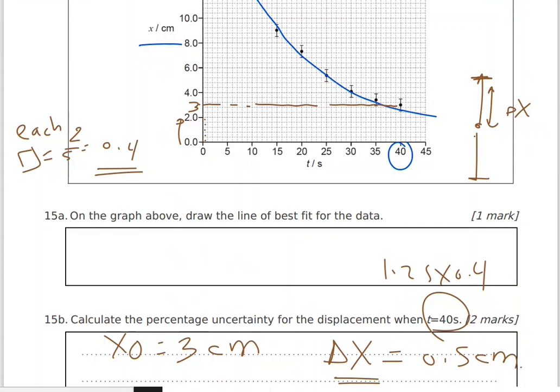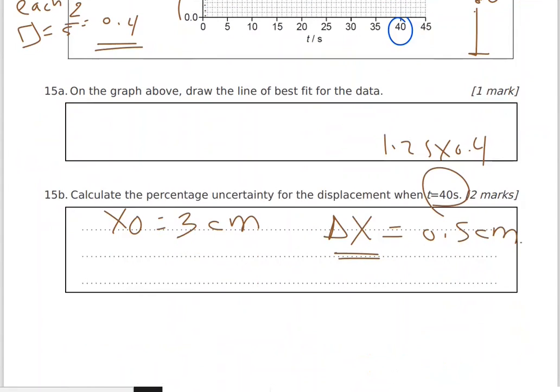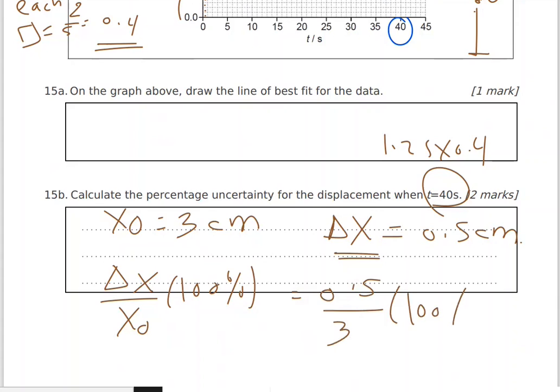Now we need the percentage uncertainty. Percentage uncertainty is the absolute uncertainty divided by the original value, times 100%. So the uncertainty is 0.5, the length of the error bar, divided by the original 3, times 100%.